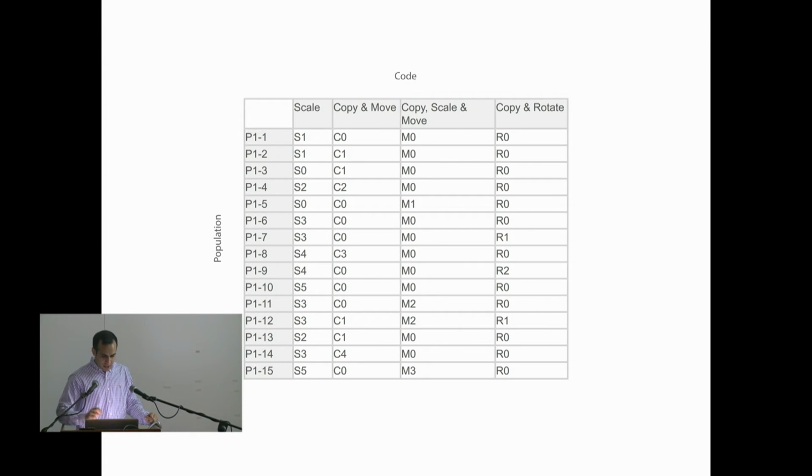So bringing it now to design, one way is to start with very basic instructions. Since we as designers deal with geometry, we're going to start with very basic geometrical instructions. On the left, you can see the population. P1 stands for population 1. We're beginning to keep track of the individuals.